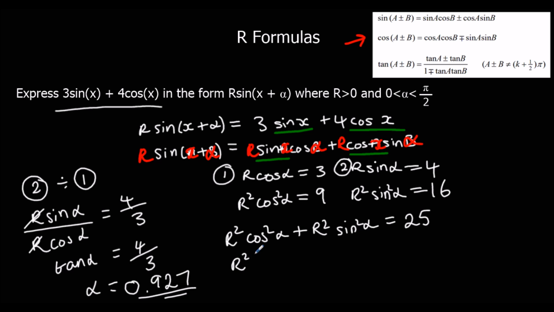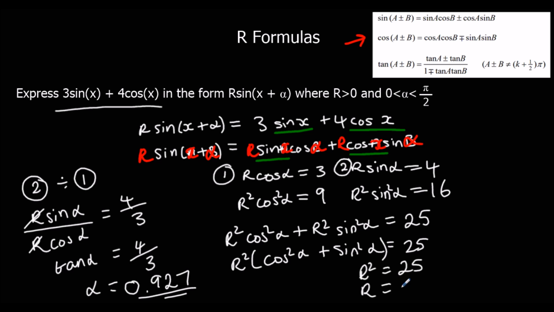Factorize out the r squared, cos squared alpha plus sin squared alpha, and then we can change sin squared alpha plus cos squared alpha to 1 because of the identity that we've done in a previous video. So we're left with r squared equals 25. r equals the positive square root of 25, which is 5.